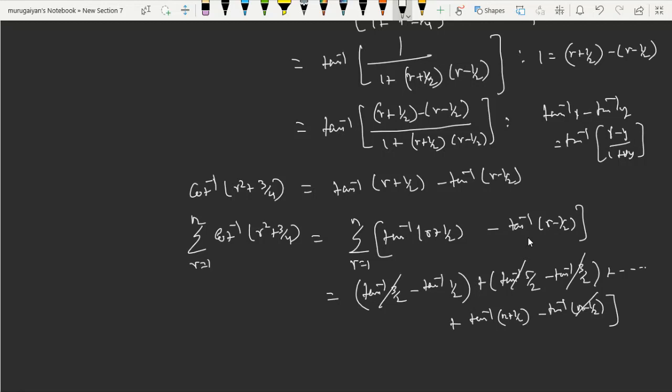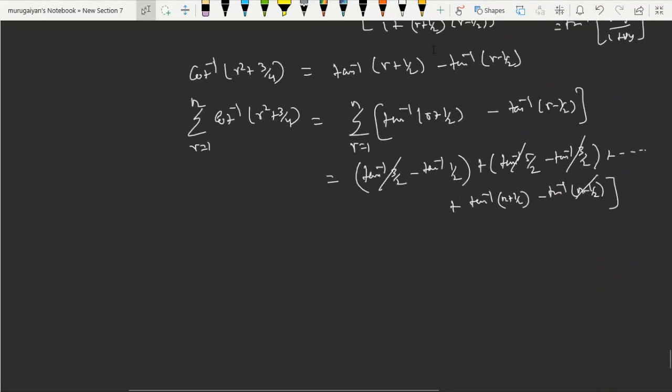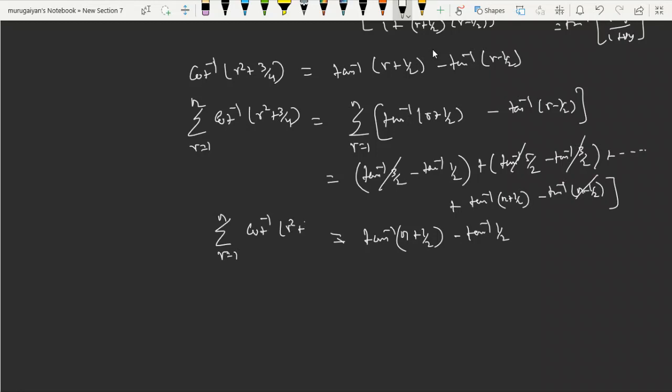Then what are the remaining terms? Tan inverse of n plus 1 by 2 minus tan inverse of 1 by 2. So this is the sum to n terms, summation r equal to 1 to n of cot inverse of r square plus 3 by 4.